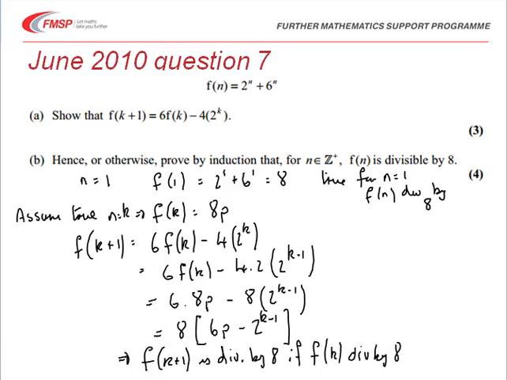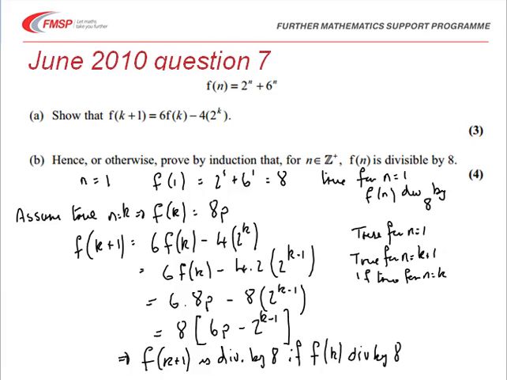So we've now shown that the divisibility is true for n equal to 1, and also true for n equal to k plus 1 if true for n equal to k.